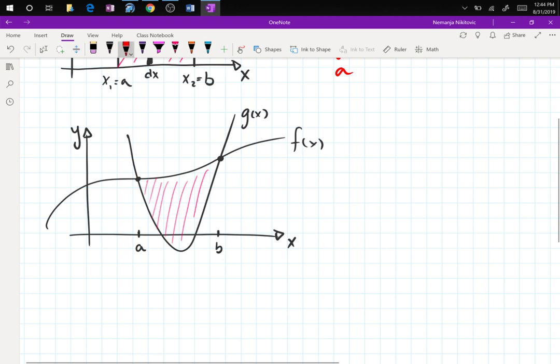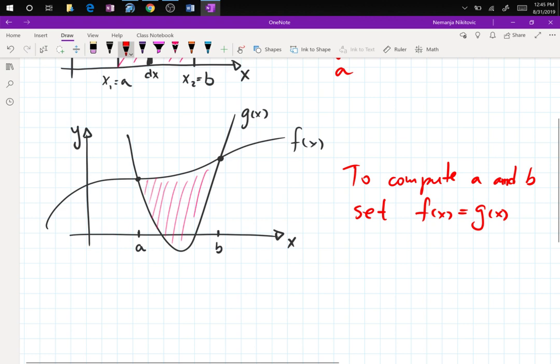So here in blood, to compute a and b, set f of x equal to g of x. That's your first order of business.